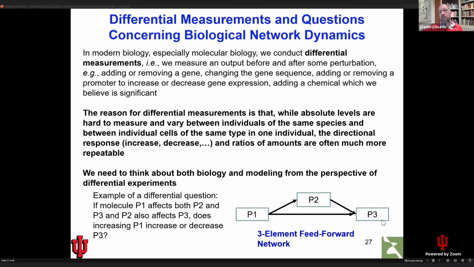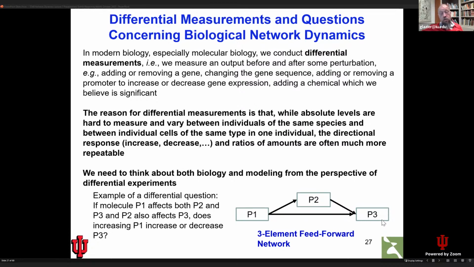And so this idea of differential measurement is critical to biology. And it's a little bit alien to the way that physics and mathematics tend to operate. It's not that you can't define these things in these other contexts, but it's not as necessary, perhaps.